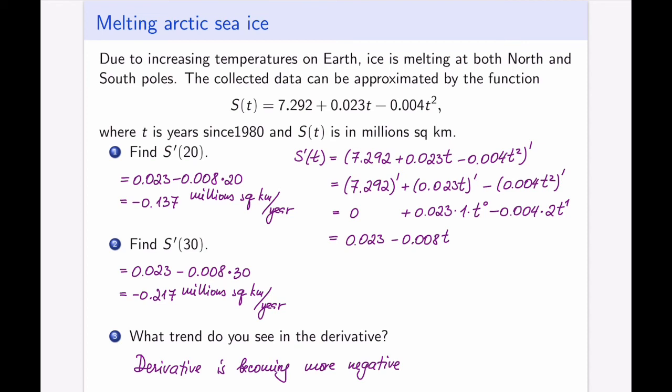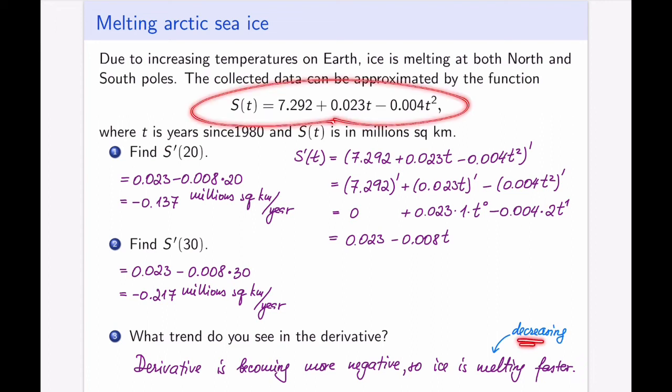Again, remember that the derivative represents the rate of change. So this rate is more negative than this rate, which means that the actual melting is happening faster. So we can also write that down. Ice is melting faster. And again, you can think of melting here as the fact that the function is decreasing, and the function represents the total amount of ice, which means that the decreasing amount of ice will actually correspond to its melting.